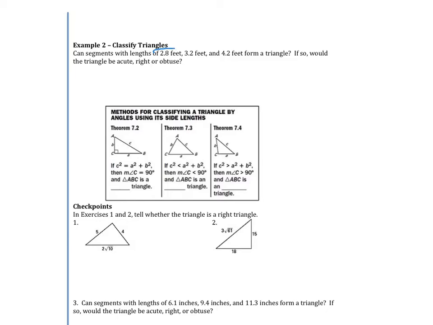So again, just a reminder, to find out if this forms a triangle, small plus medium has to be greater than the biggest side length. So 2.8 plus 3.2 has to be bigger than 4.2. Is that true in this case? Yes. So the small plus the medium side is bigger than the biggest side, so it can form a triangle.